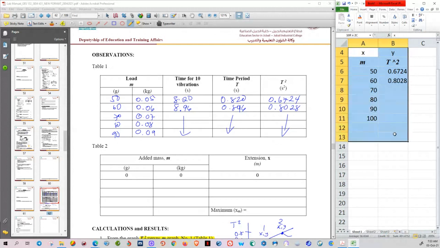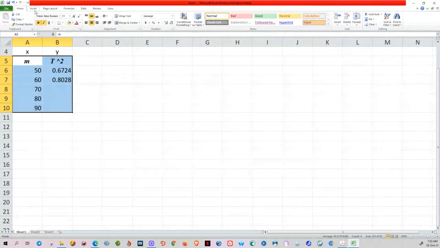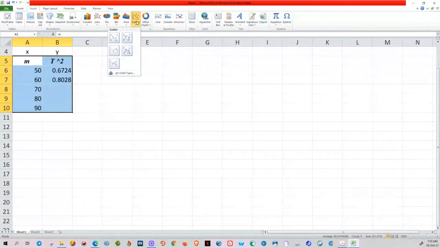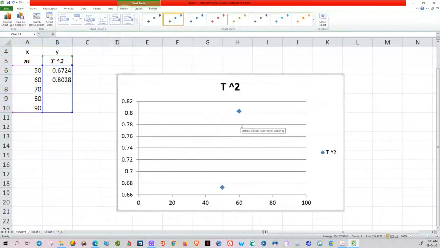Once you have the complete data, you select it, without the x and y, you can keep m and t squared there. Select the data like this, and then go to Insert, Scatter. I showed you how to make the graph in Excel in the other experiment, Joule's equivalent of heat. So the technique is the same.